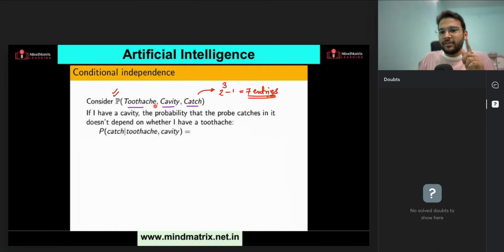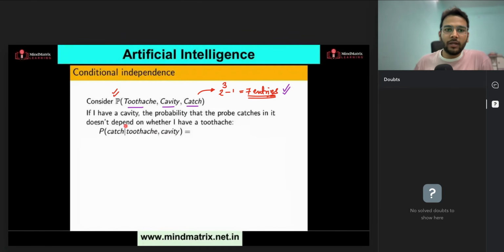Because the remaining value will be 1 minus sum of all. I told you that in the joint probability distribution, sum of all the probabilities is equal to 1, right? So you just need to maintain the 7 entries, because the remaining 8th entry, you can find anyway by adding these 7 entries and subtracting from 1. So we are just going to have 7 entries now.